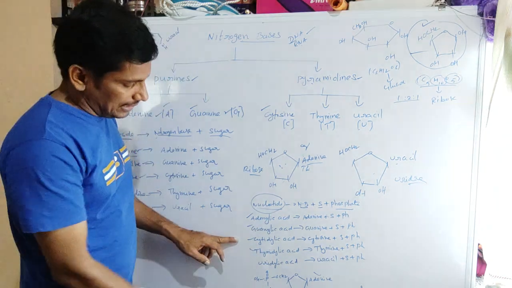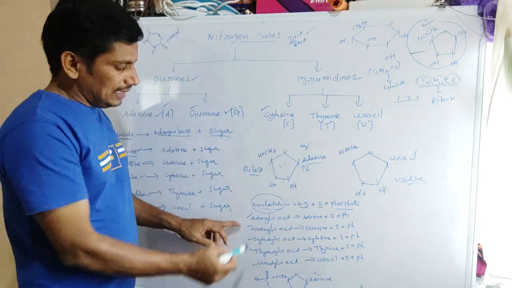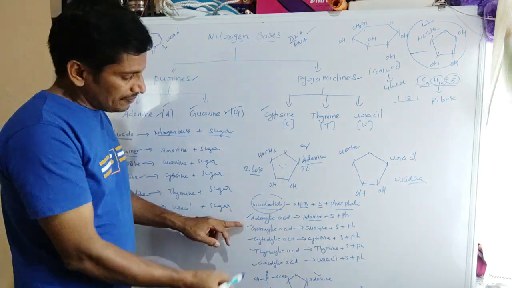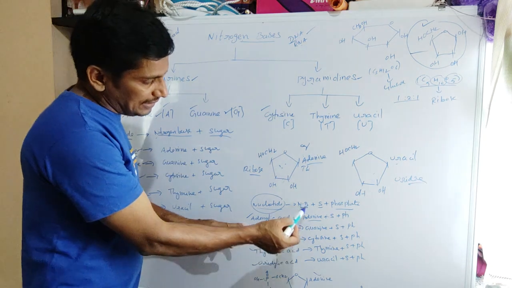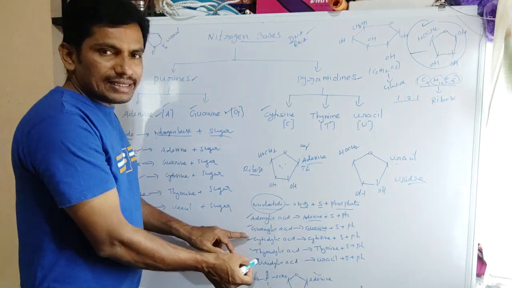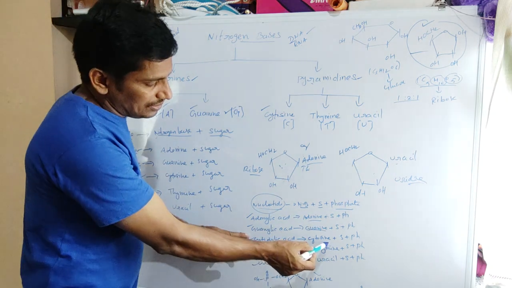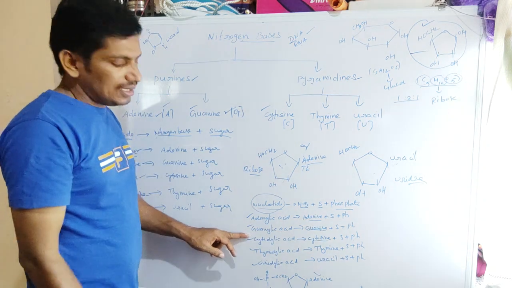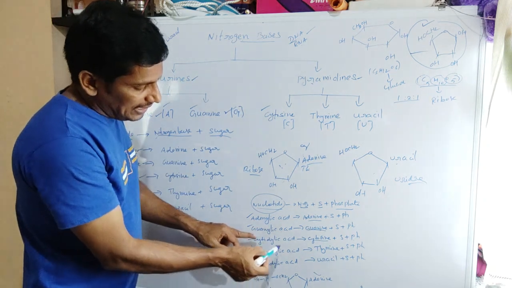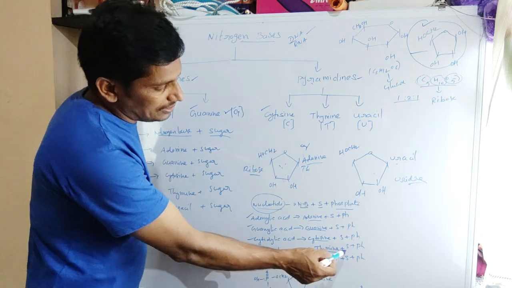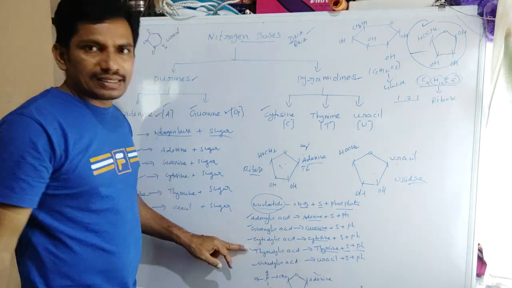thymidylic acid and uridylic acid. Adenylic acid has adenine as a nitrogen base. Guanylic acid has guanine as the nitrogen base. Cytidylic acid has cytosine plus sugar plus phosphate. And thymidylic acid has thymine as a nitrogen base, ribose sugar, phosphate.